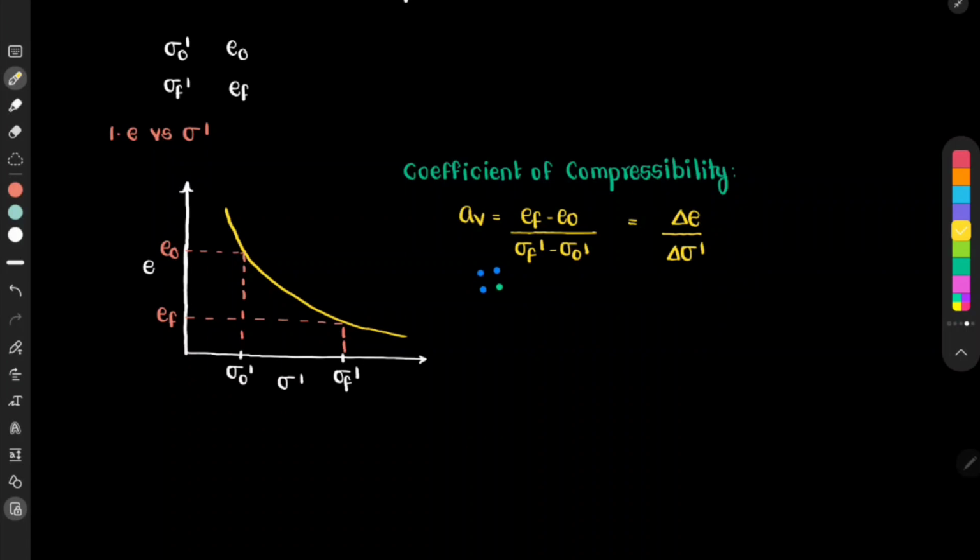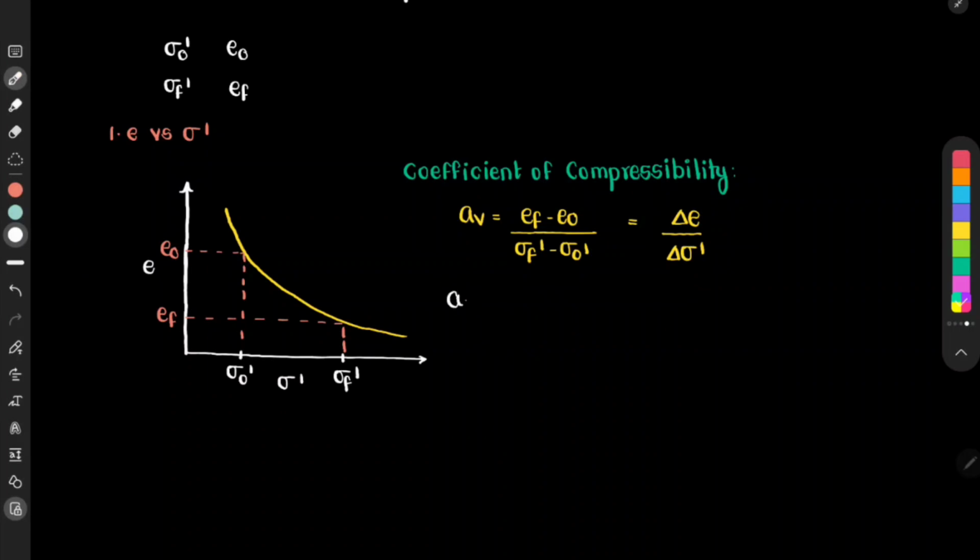So what is its sign? Is it positive or negative? See, coefficient of compressibility is negative because as effective stress is increased, void ratio is decreased. That's why coefficient of compressibility is negative.